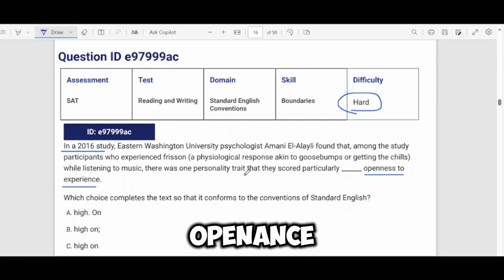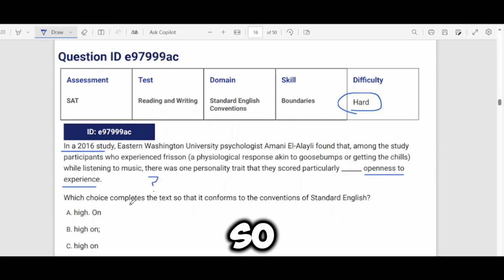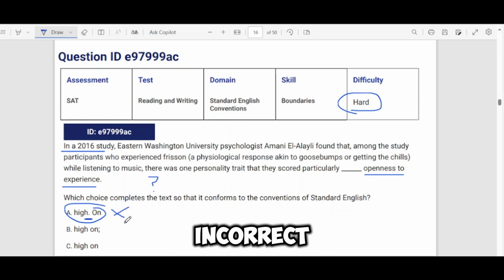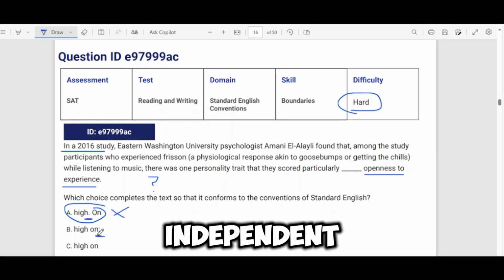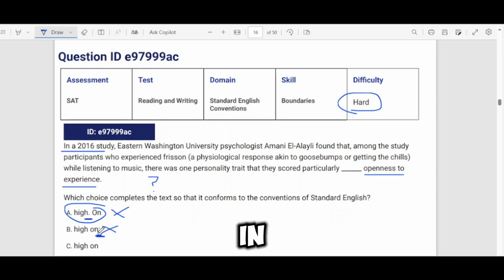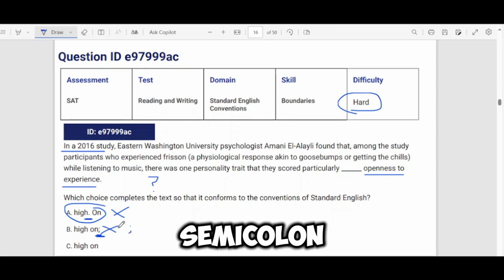Okay, opens to experience. What opens to experience? We're not given a reference. So let's see, we've got an independent clause and a dependent clause, so we can't use a full stop here because we don't have two independent clauses. This one's incorrect. High on. Okay, a semicolon is also used for two independent clauses, so this is also wrong. Sorry, why do I pronounce it again and again as comma? This is semicolon, sorry guys.